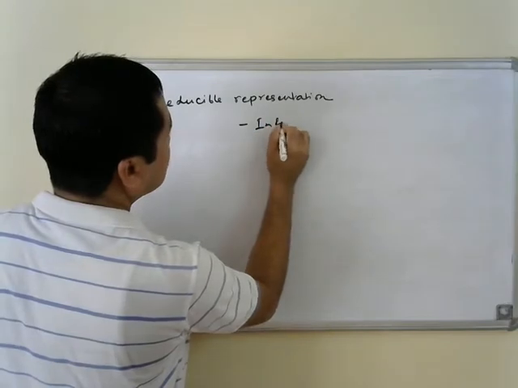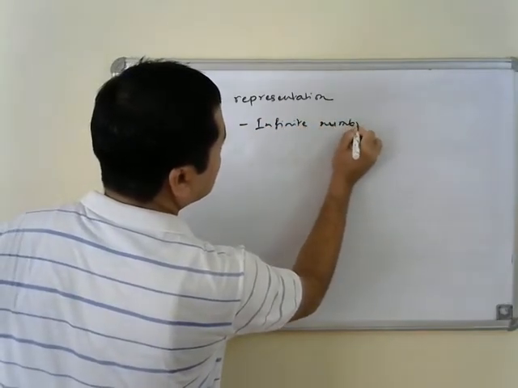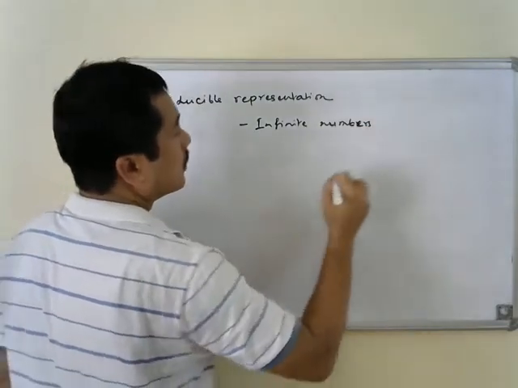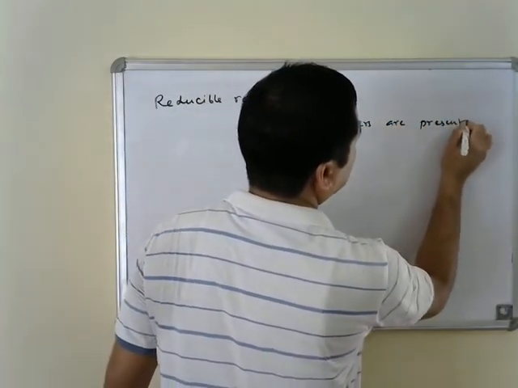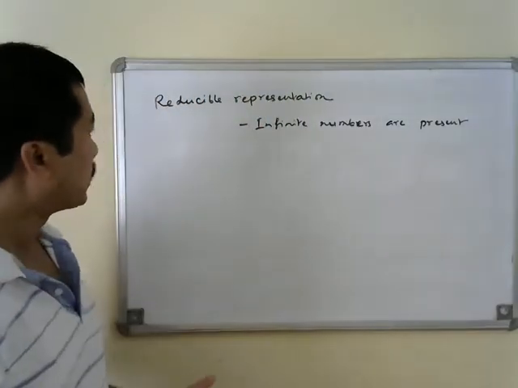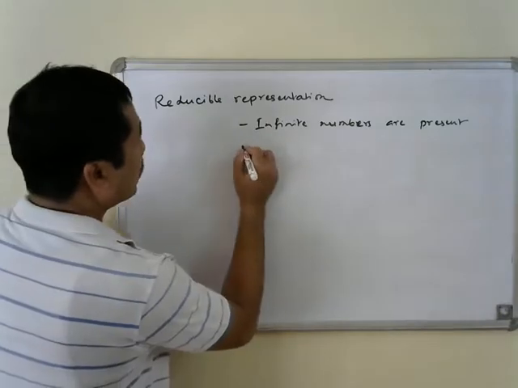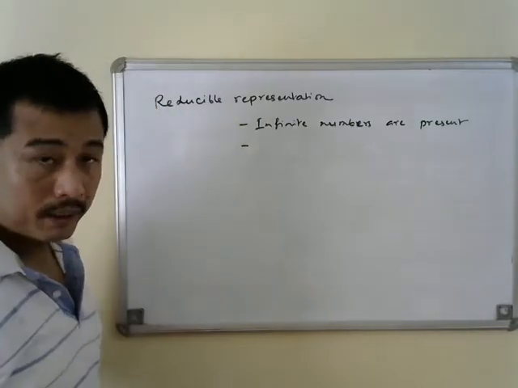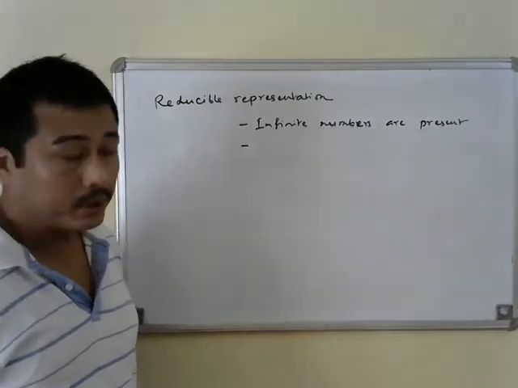Reducible representations, infinite numbers are present, and we can write different reducible representations by considering different bases. Also, they are not of fundamental interest and are specific to a particular basis or particular molecule.